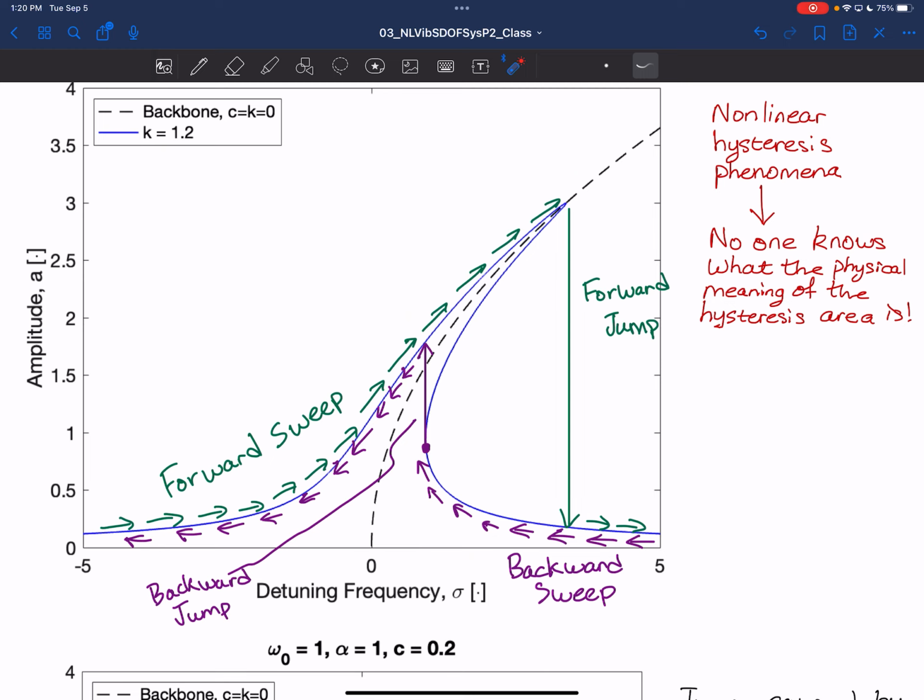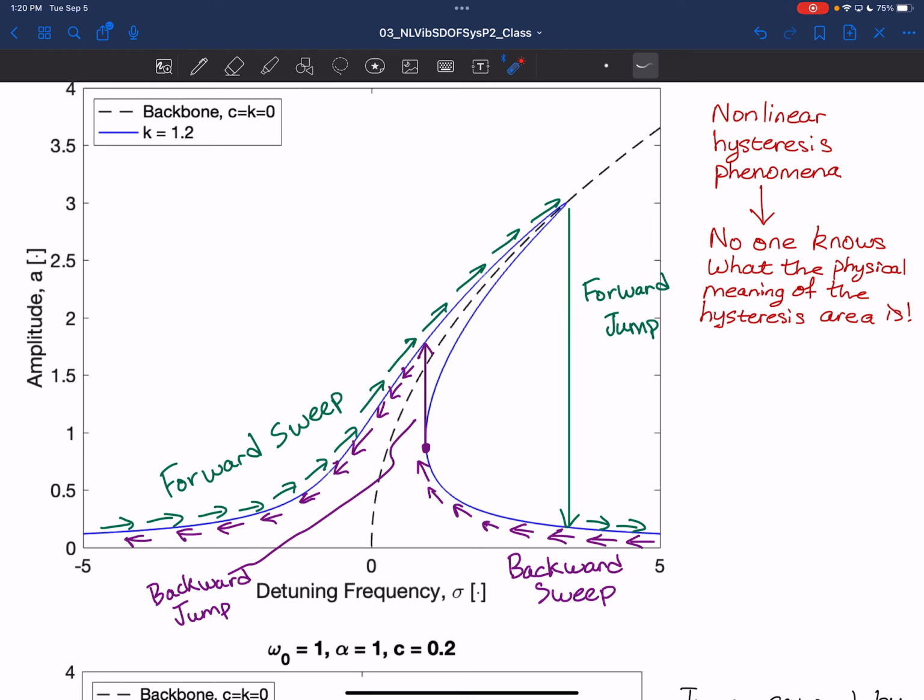Maybe it's a combination of excitation. Yeah, maybe they cancel out. You excite at that frequency and then you hit it at some point, and we'll get to that in a moment. You can lead to jumping from this branch to this upper branch. No one knows. We haven't got to that yet.